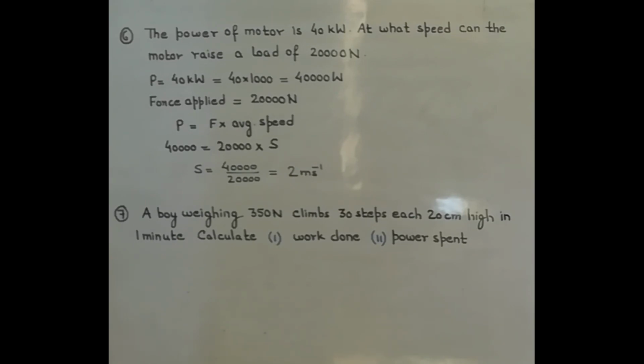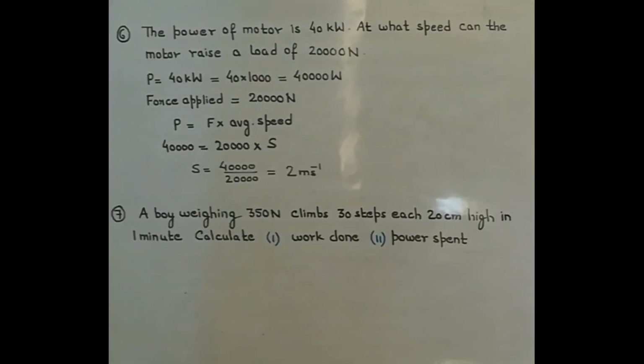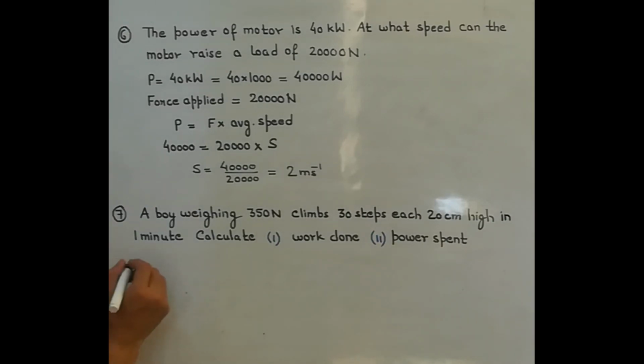Now question number 7. A boy weighing 350 Newton climbs 30 steps and each step is 20 centimeter high. So here in the question they are saying the boy is climbing 30 steps and each is 20 centimeter high. So first of all we can calculate the height that he gains.